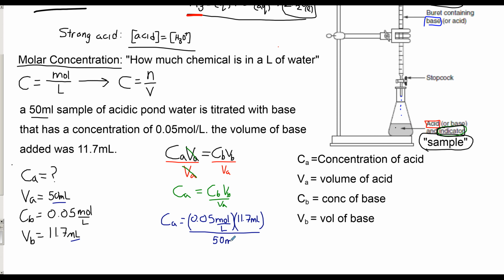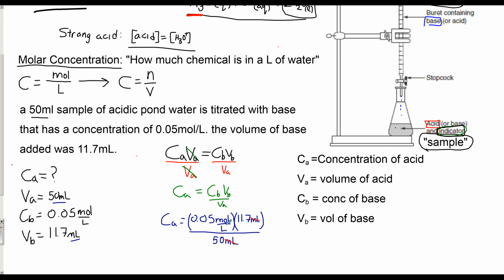Now we have milliliters on the top of the fraction and milliliters on the bottom of the fraction. Those cancel each other out. And hey, would you look at that? Moles per liter are the only units that survive the crossing out process, which makes sense. We're looking for a concentration, and it should be in moles per liter. Now all we have to do is the math.